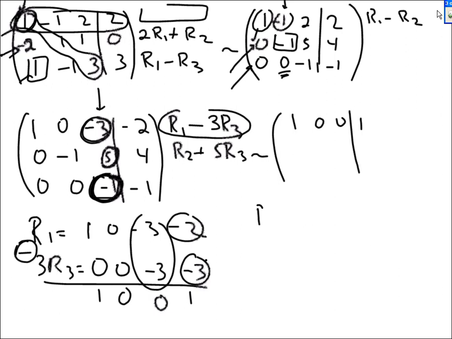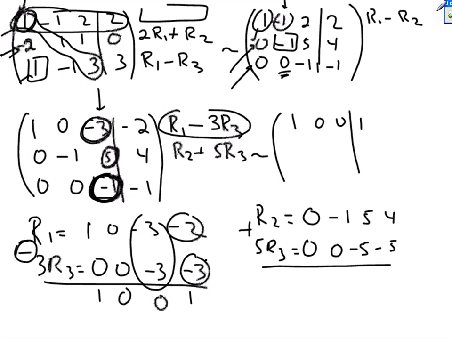Now, row 2, 5 row 3s. Row 2 is 0, negative 1, 5, and 4. 5 row 3s are 0, 0, negative 5, negative 5. And if you add, this gives you 0. 0 plus 0, negative 1 plus 0, 5 plus negative 5. Excuse me, negative 1 plus 0 is not 0.